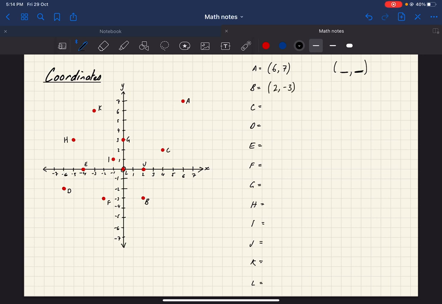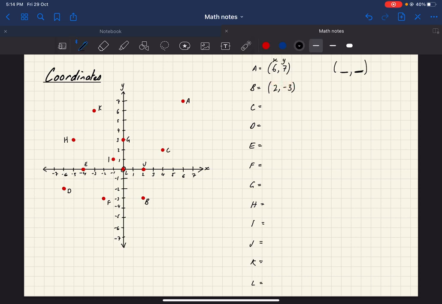Now you always have to put it that way round because that's how your reader is going to read it. If you say negative 3, 2, they're going to look at the x coordinate first, and they're going to look at the y coordinate, and they're going to think that your B is up here because you've put it the other way around. So we always do x first and then y.